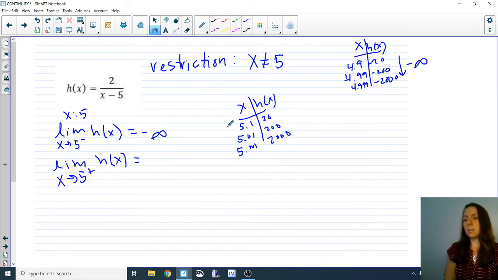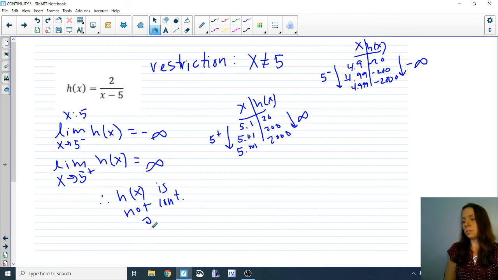And so as x approaches 5 from the right, you are approaching positive infinity. To finish off what I typically write: this is approaching 5 from the left, we got negative infinity. This is approaching 5 from the right, we got positive infinity. And so now we can definitely say for sure that h of x is not continuous at x equals 5, and the reason is an infinite discontinuity.